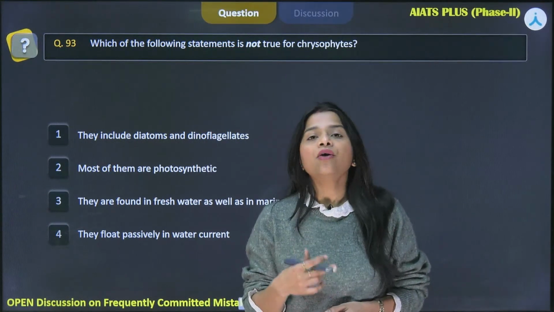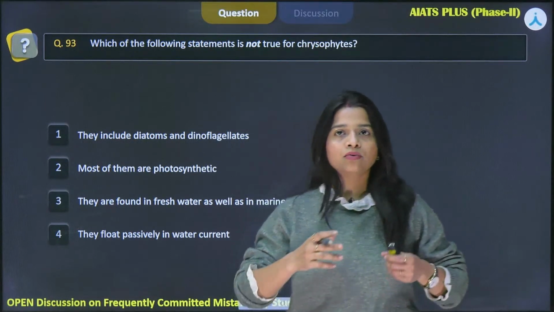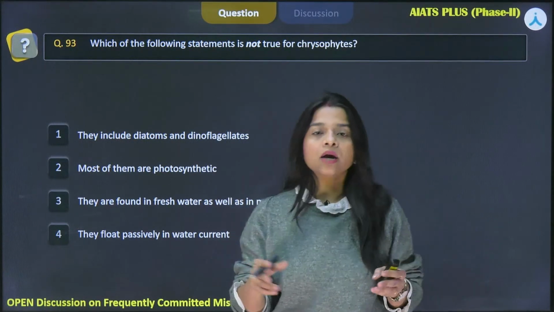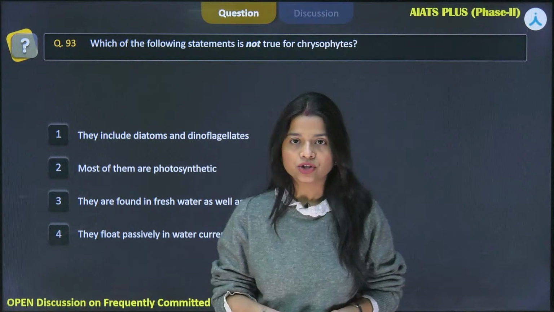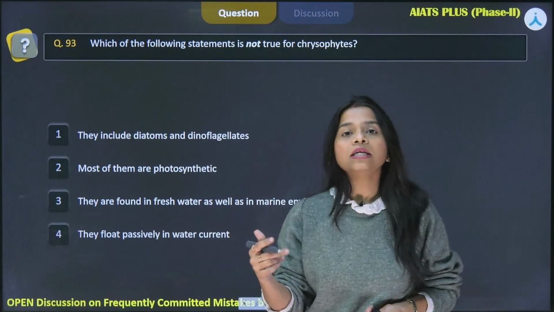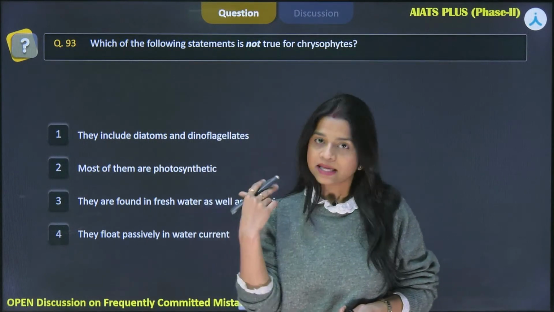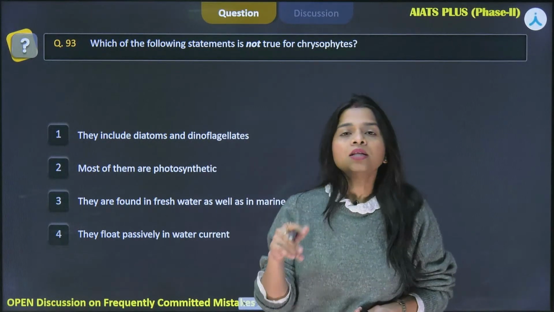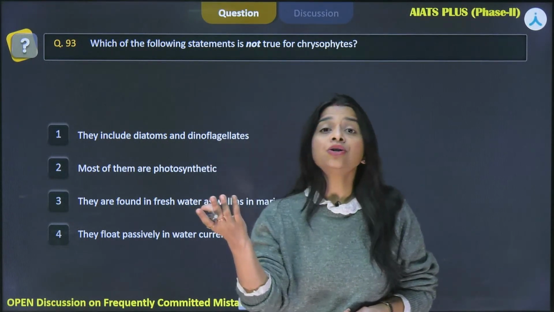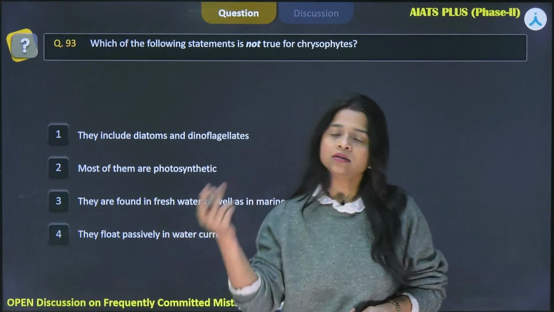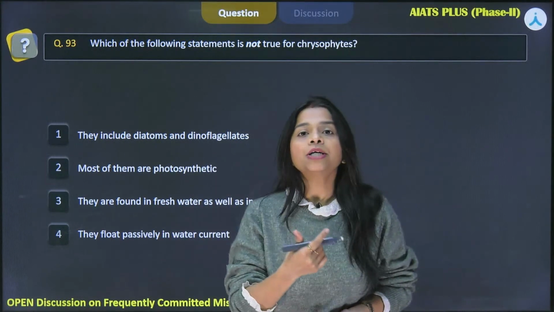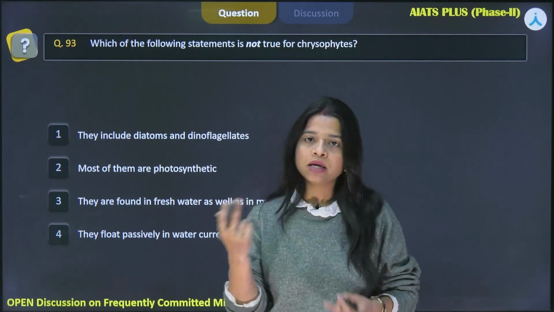Such kind of questions can be asked about a broad term, a broad group. The characteristics will be given and you have to identify the correct one, or maybe the characteristics are mentioned in the question and the options cover the name of the group. It can be vice versa.